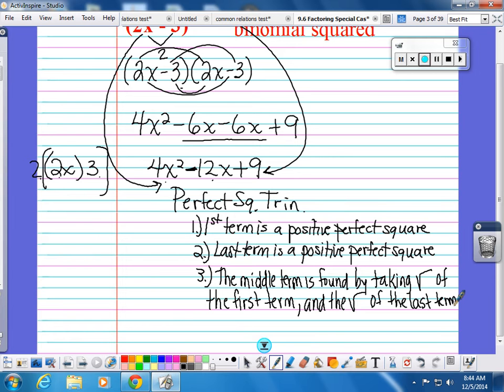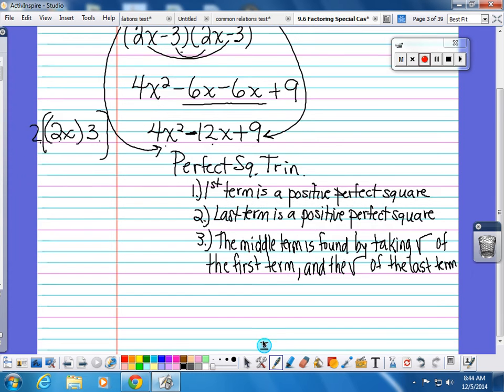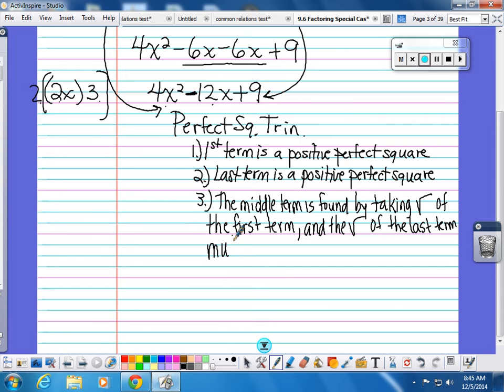What's the square root of 9? Multiply them together. And double it. In other words, times 2. Okay? Double it means times 2.